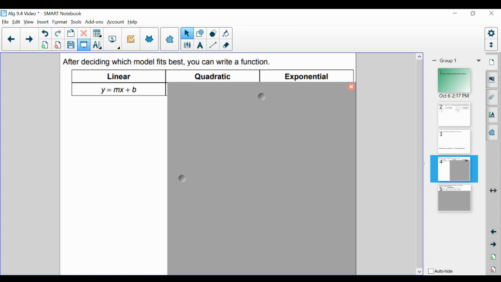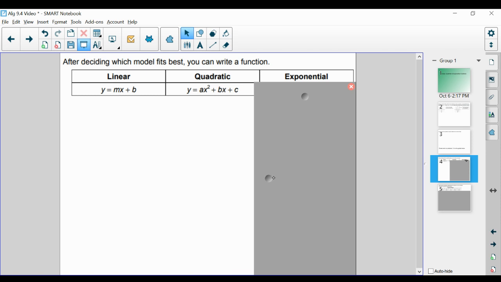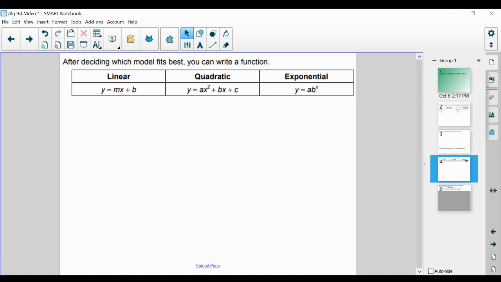We have talked about standard form, which is ax plus by equals c, but typically we like to use slope-intercept form, y equals mx plus b. A quadratic function will look like y equals ax squared plus bx plus c. And lastly, an exponential function will look like y equals a times b raised to the x, where our exponent is only attached to our b value, which is our common ratio.